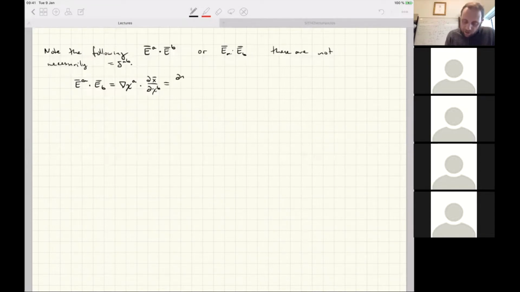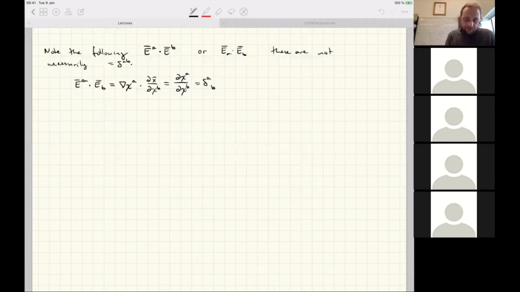So this is equal to d chi^A over d chi^B, which is just delta AB. So while these vectors do not necessarily form orthonormal bases, the tangent basis and the dual basis are defined in such a way that if you take one of them and multiply by the other, you get this delta.